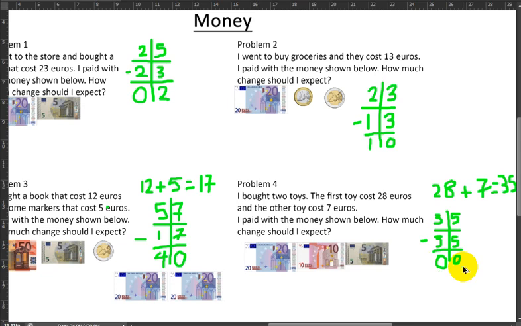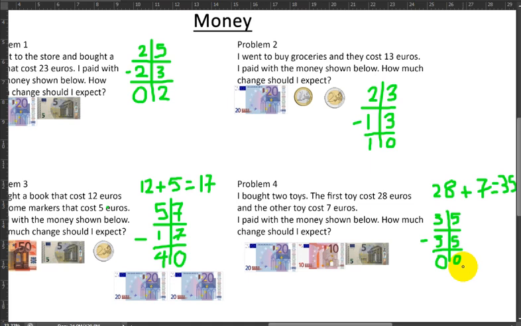Or I could remember that when I subtract a number from itself, I always get 0. Like 2 take away 2 makes 0, 3 take away 3 makes 0, 10 take away 10 makes 0, 50 take away 50 makes 0. So 35 take away 35 is going to make 0.